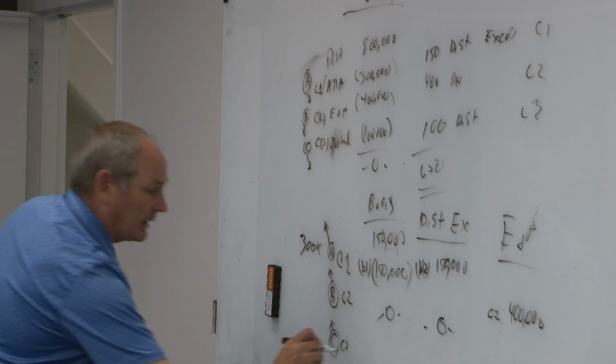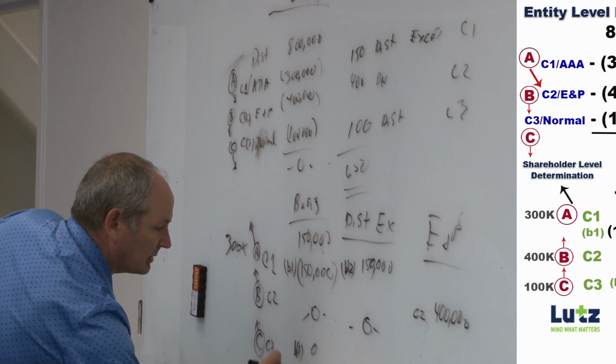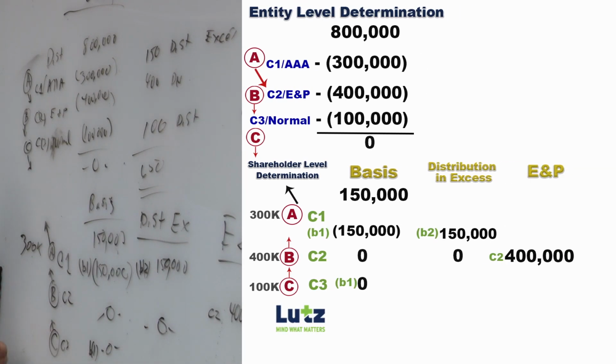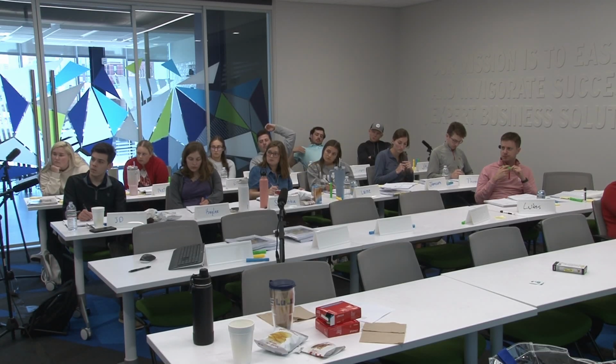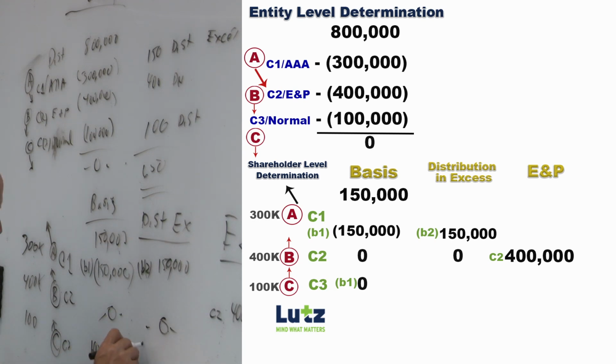No, I do not. So B1 is 0 because I don't have anything left. And this is 400K. This is 100K. So the 100K was depleted by the basis column by how much? 0, because there's no basis left. So B2 says 100K goes to distribution in excess.